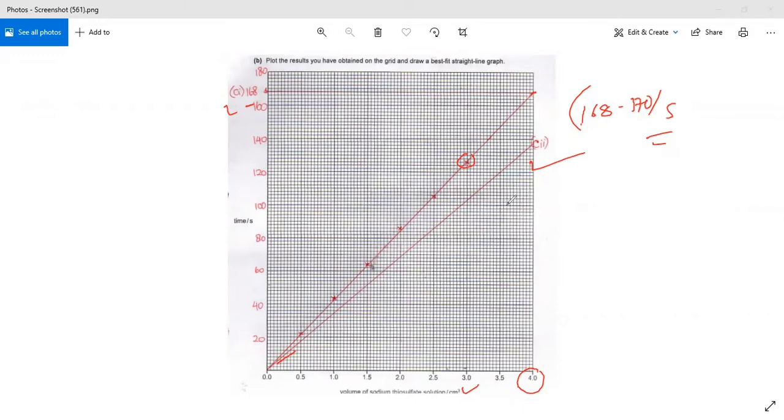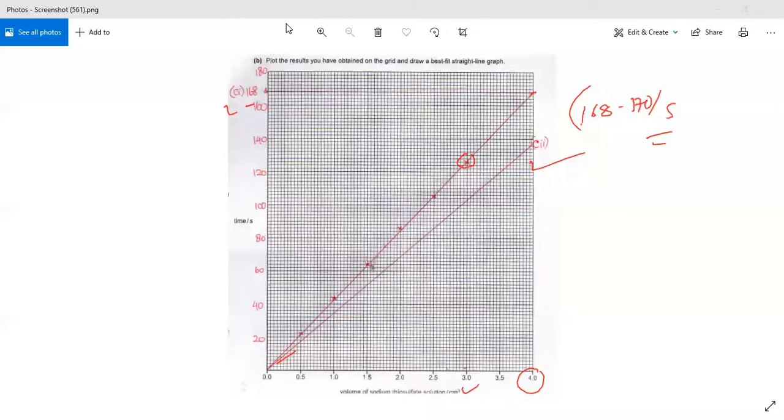Understand? So why will it be just below the main graph? Because temperature can increase the rate of reaction. So if the rate of reaction increases, obviously it will take less time. So that graph will be just below the main graph. This main graph is where the time in seconds is higher, so with higher temperature the rate of reaction will increase, so the time consumption will be less.